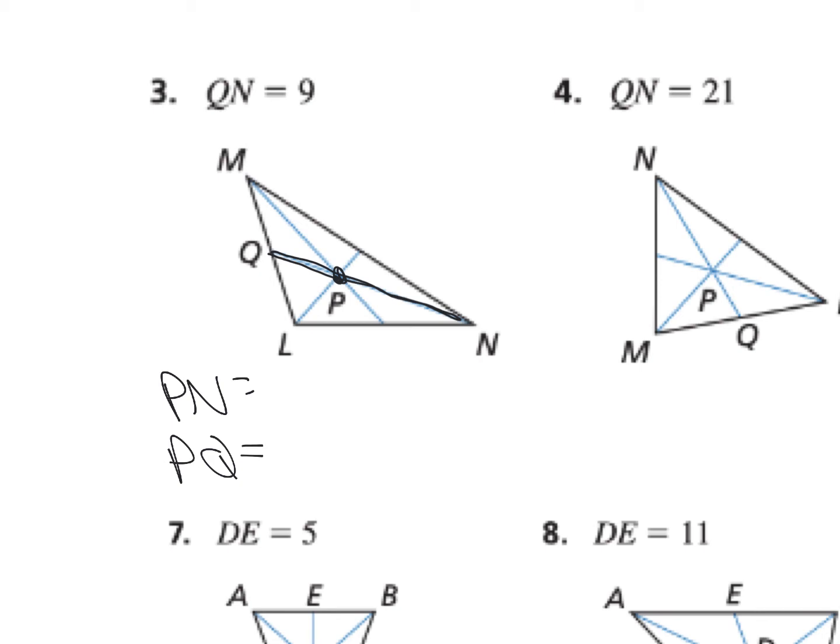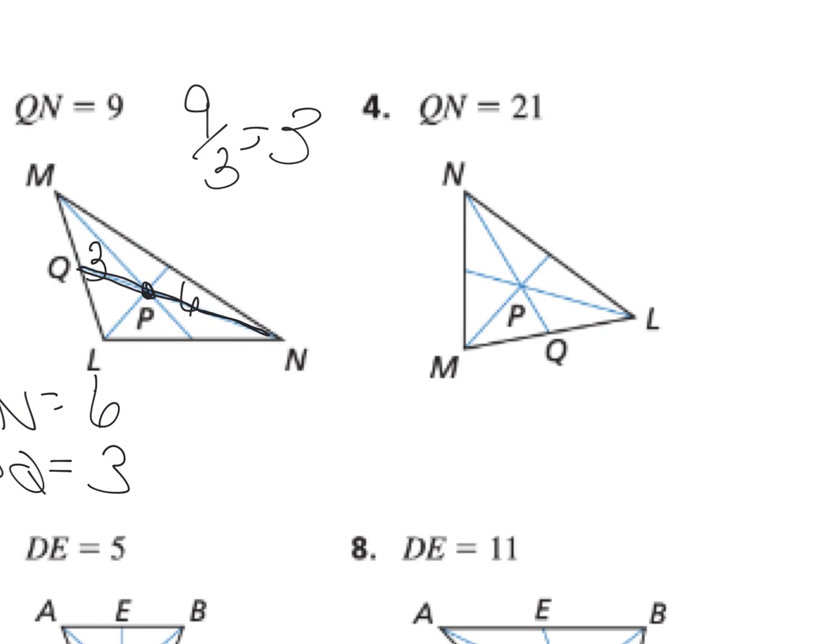Well, thinking that the centroid is basically broken up into thirds, each part of it is a third, so 9 divided by 3 is 3, which means the 1/3 part is going to be 3, and twice that is 2/3 of it, so this part is going to be 6. So PQ is 3 and PN is 6.